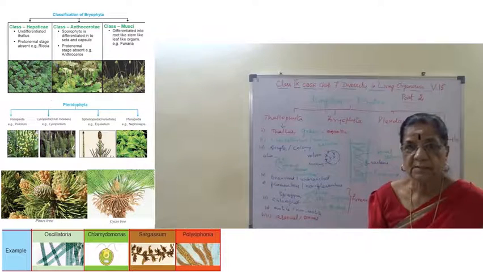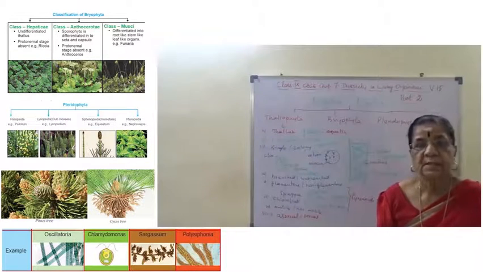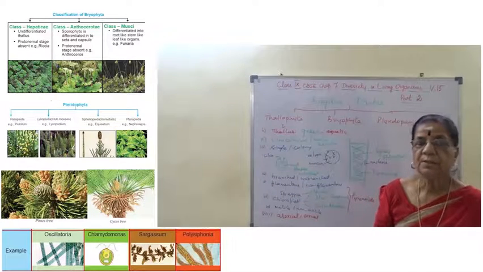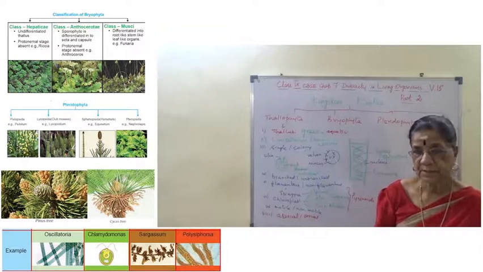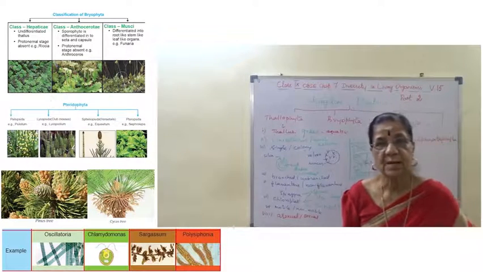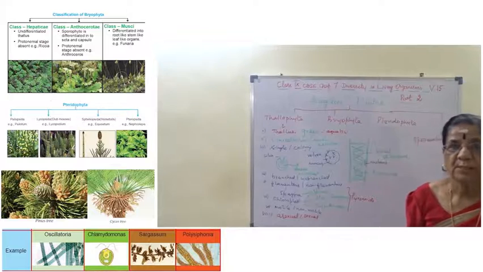In Thallophyta, the plant body is thallus, the typical example is algae, and all of them are aquatic. The next one, Bryophyta, shows an amphibious mode of life.